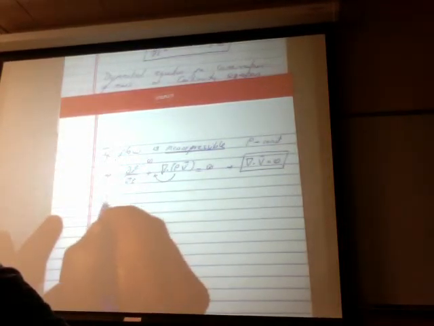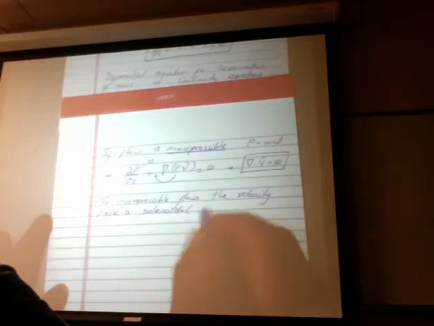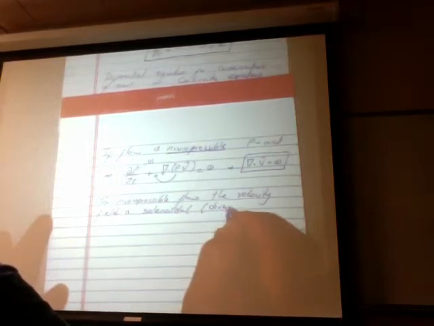So for incompressible flows, the velocity field is solenoidal. That means divergence free.